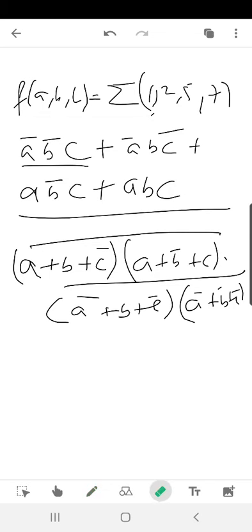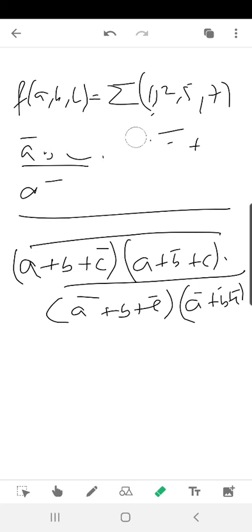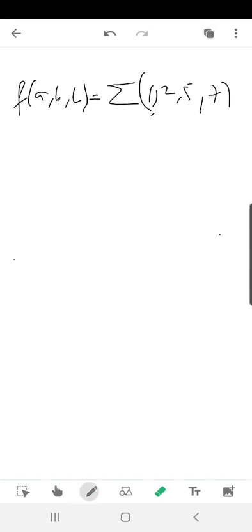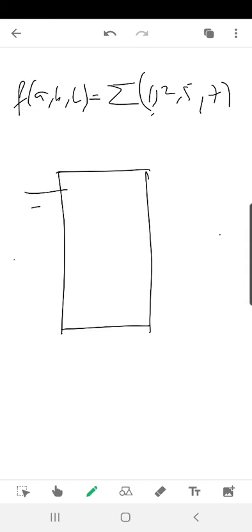So to implement this function using our active low 3:8 decoder, we will have a 3:8 decoder, A, B, C as inputs. We will have active low enable. We require 1, 2, 5, 7.